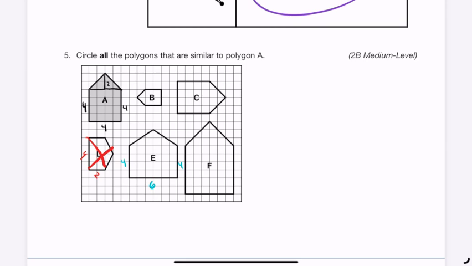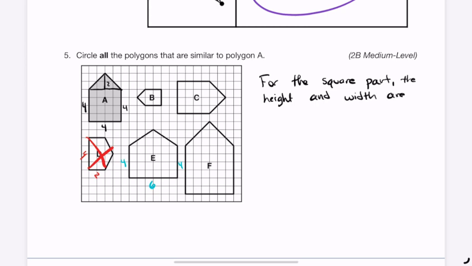For the square part, or really the rectangular part, I mean, it's both. The height and width are the same, 4 and 4. So if that's 4 and 2, that can't be it. And if this is 4 and 6, that can't be it, because in that case, it's too wide.